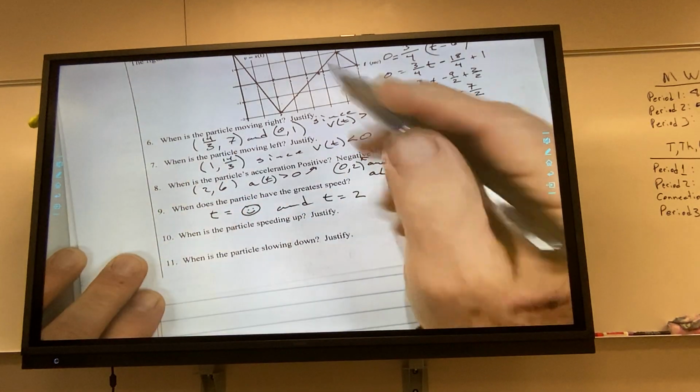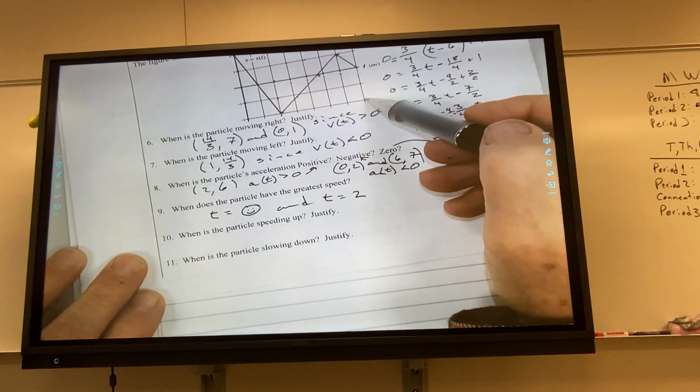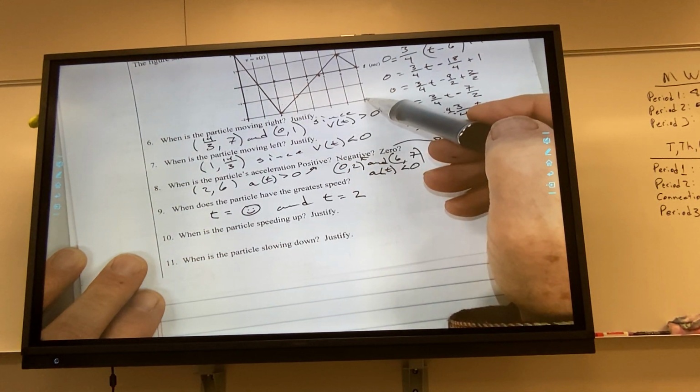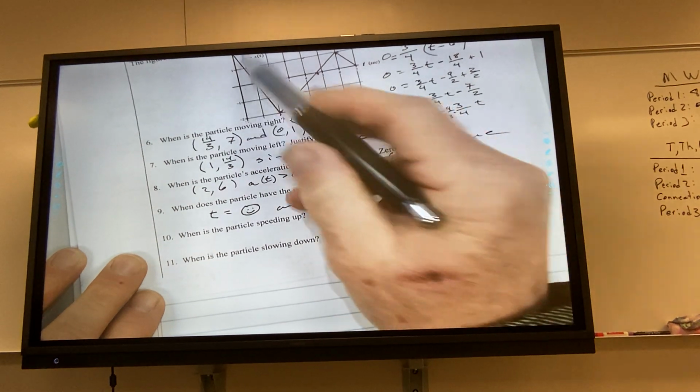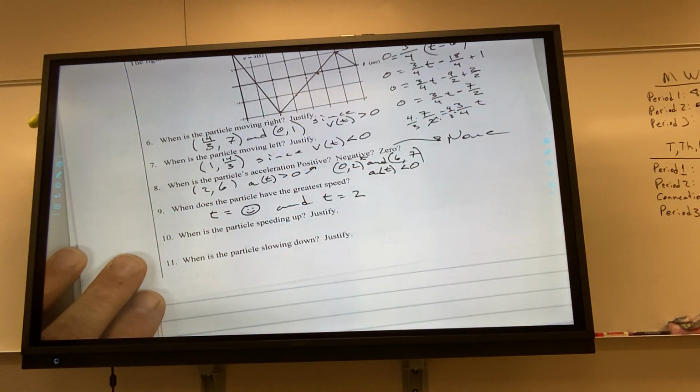I think I could have moved that point over to here, and it wouldn't be as steep, but it'd still be 2, because -2 and 2 are the same absolute value. Because those are velocities. I'm confused now.